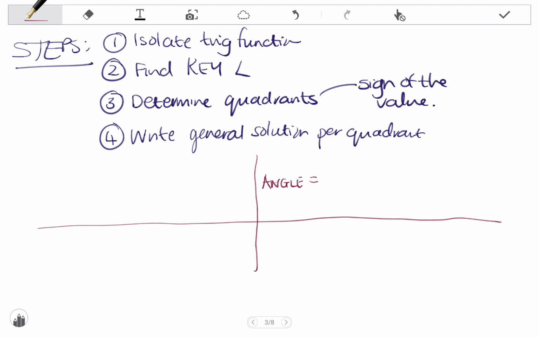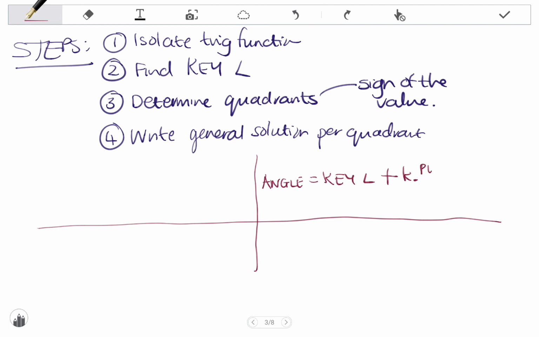Whatever our angle is, that is what we write in here, equals the key angle, and then we add multiples of the period of the graph of a function. Let's just keep it as period.